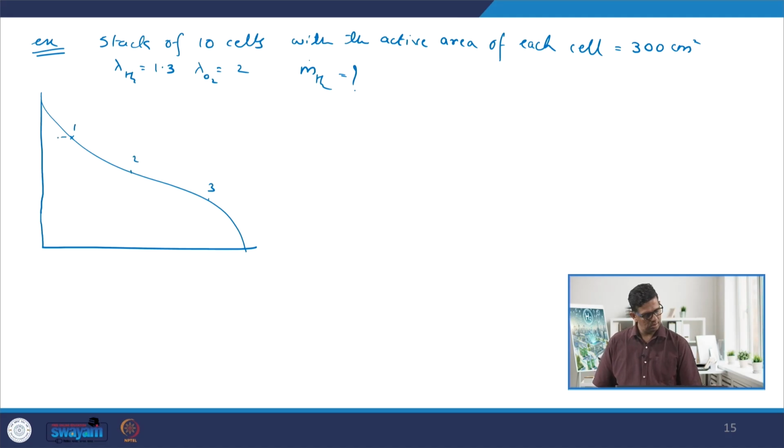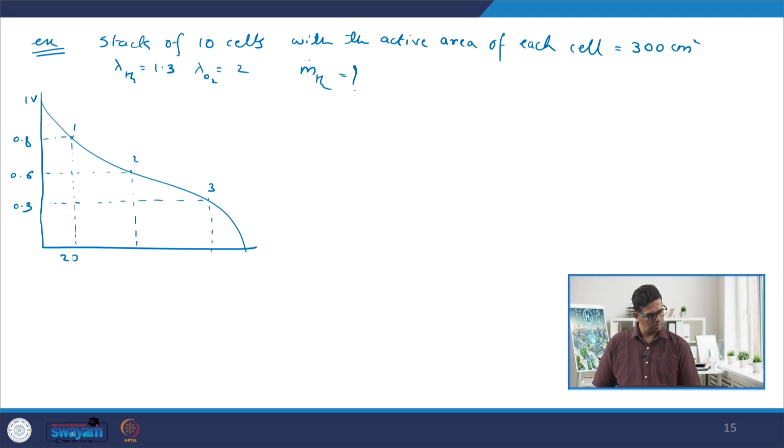So, this operating voltage is around 0.8 volt, open circuit potential is let us say 1 volt, this is 0.6 volt, and this is 1.3 volt. We have current also been given at these 3 points.